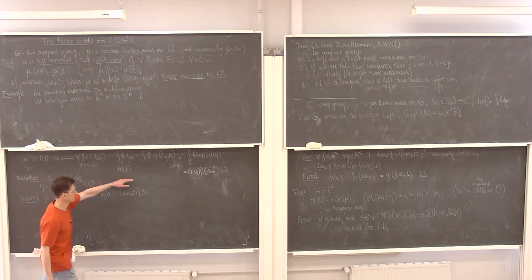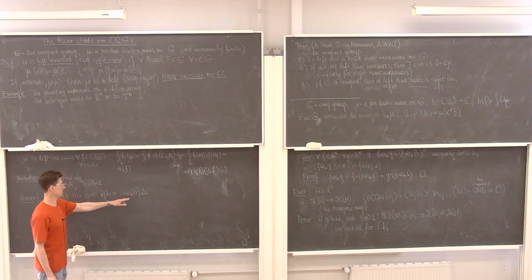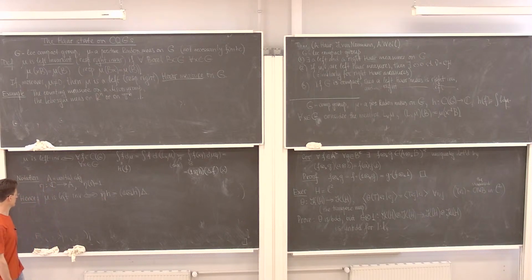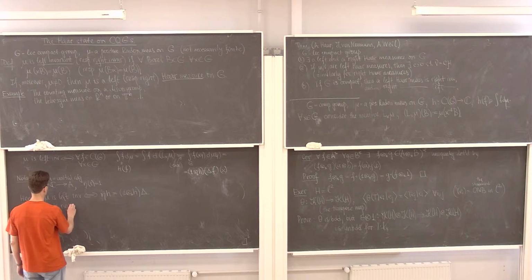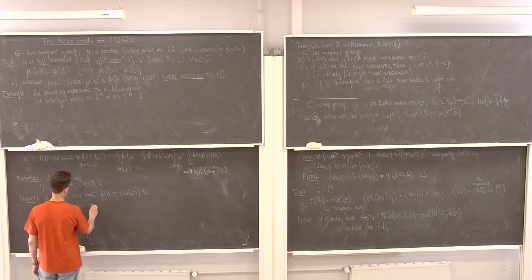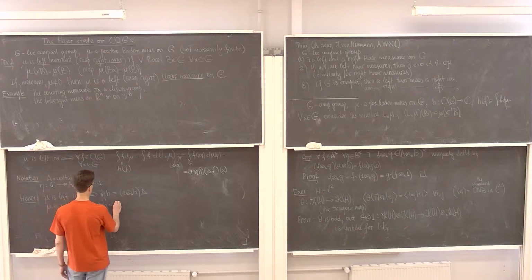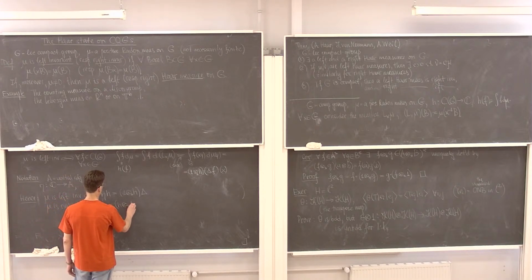So this equality can be written in the following way. And similarly, we can show that mu is right invariant if and only if eta h equals (h tensor 1) composed with delta.